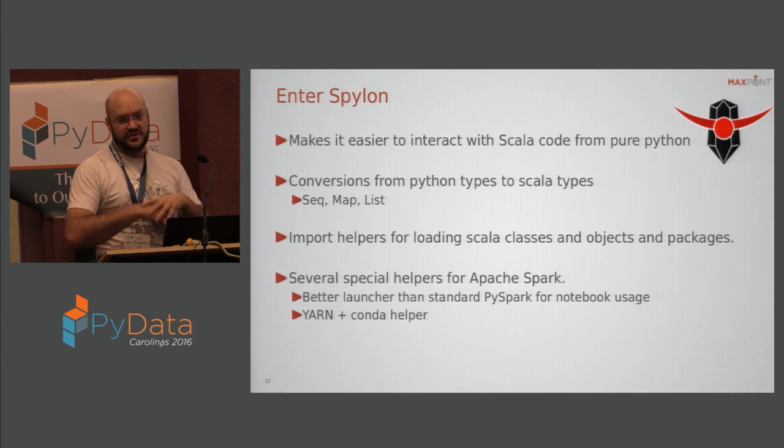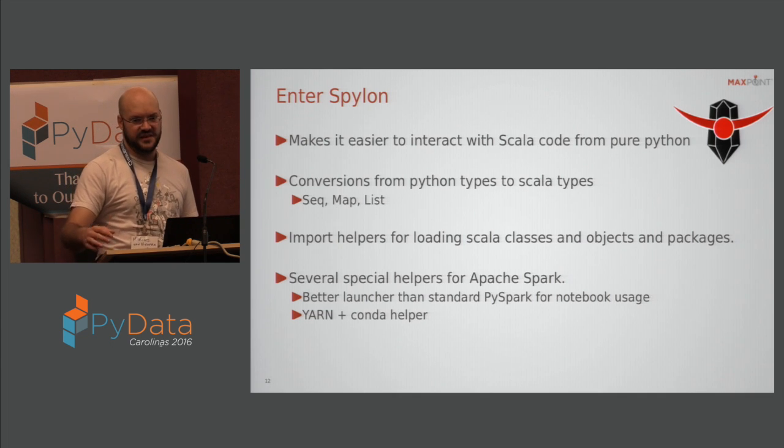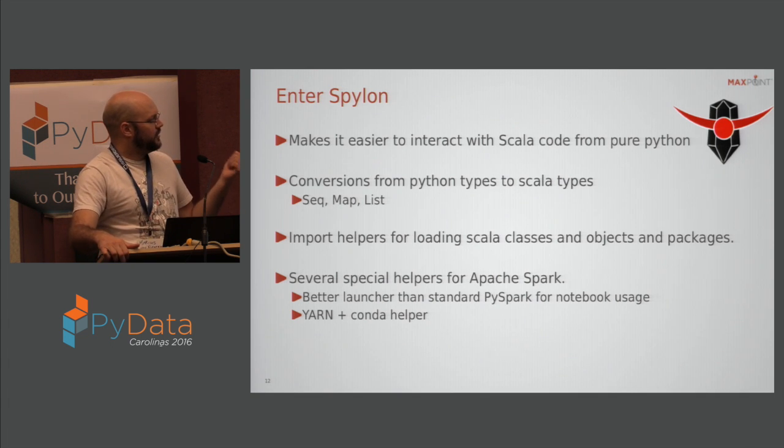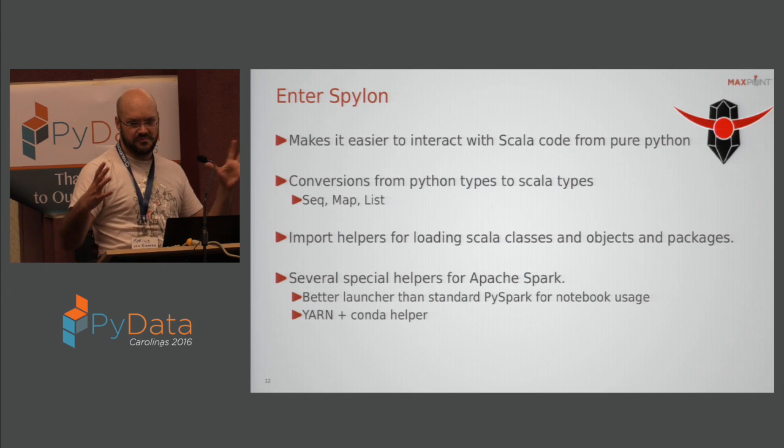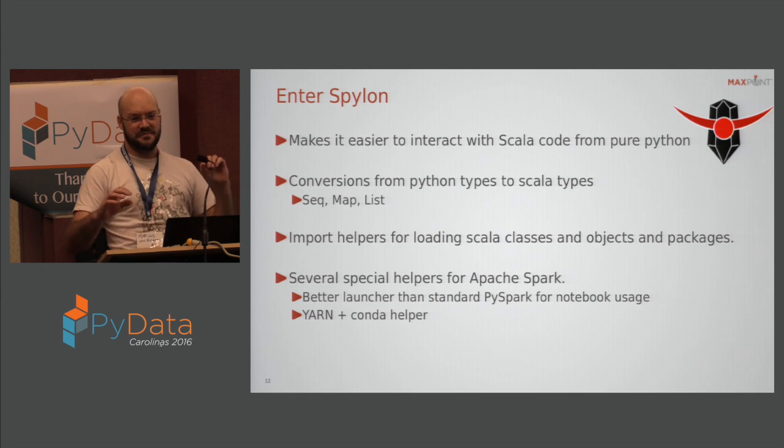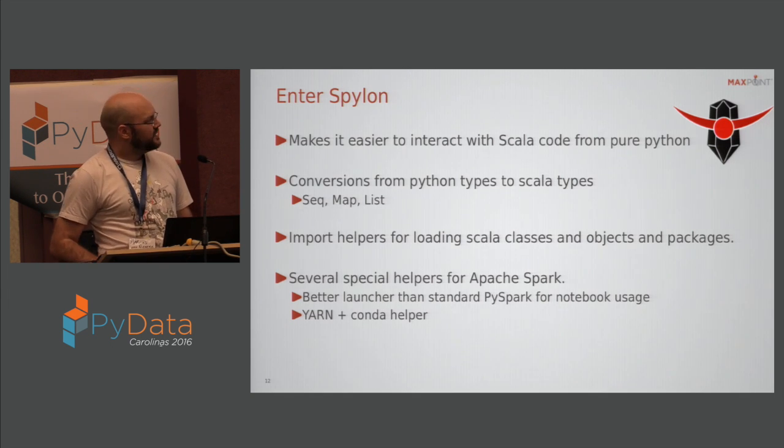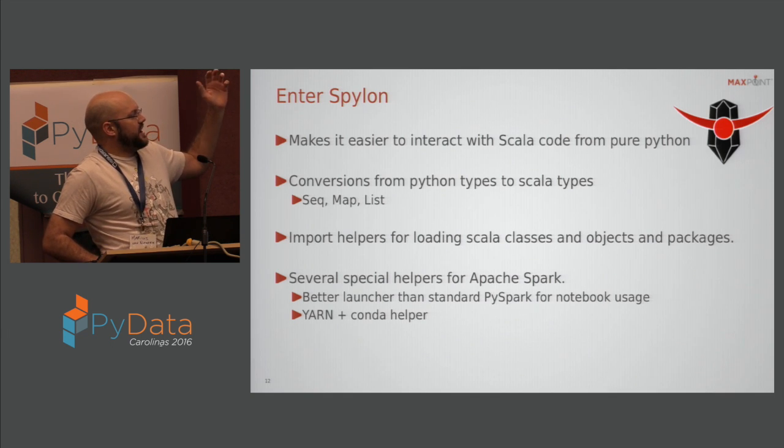So in order to deal with the annoyances of Scala, I wrote a little library called spylon. It's a portmanteau of Scala and Python, and it makes it easier to interact with Scala code from pure Python.